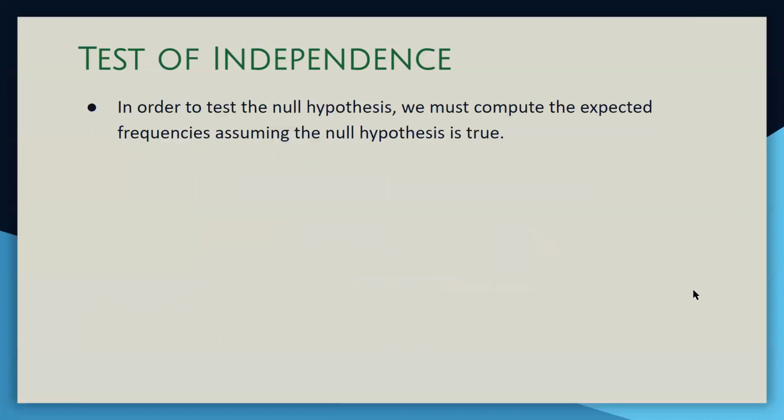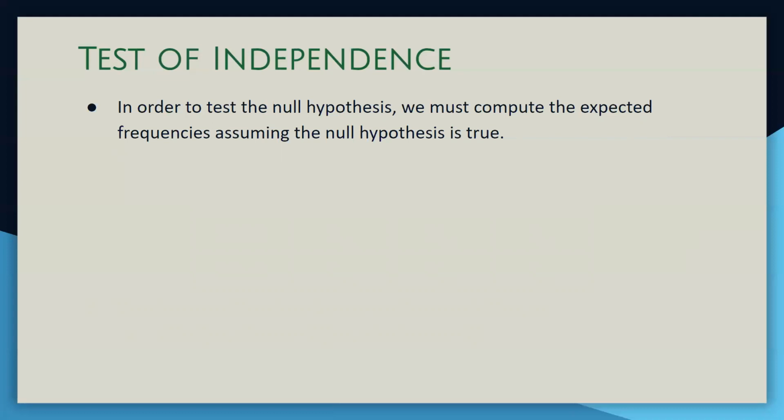In order to test the null hypothesis, we have to compute the expected frequencies, assuming the null hypothesis is true. We're going to be given a contingency table that has sample data in it.